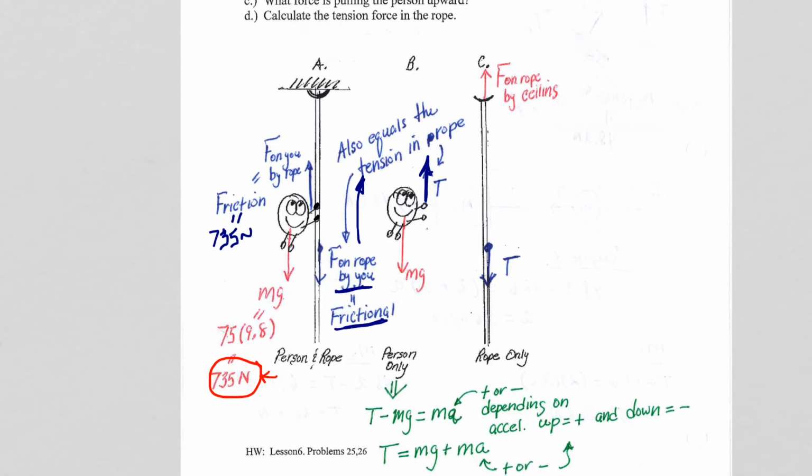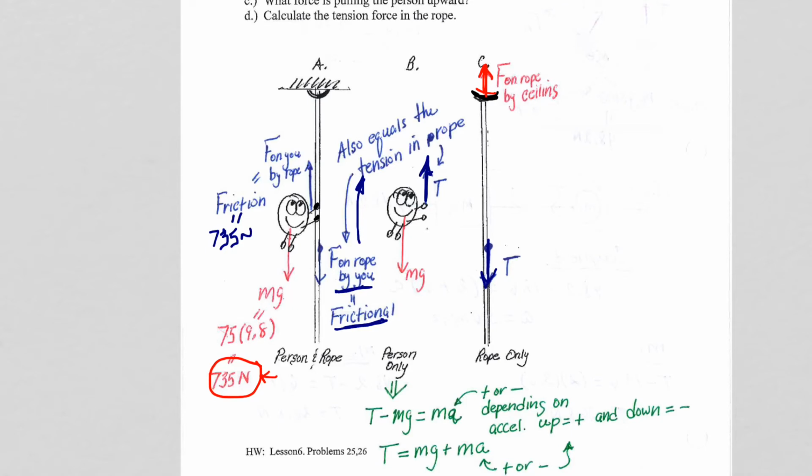The tension in the rope is now your body weight. And if the rope is going to stay attached to the ceiling, then there better be a force on the rope by the ceiling or the hook, however you want to label it, keeping the rope from coming out of the ceiling.